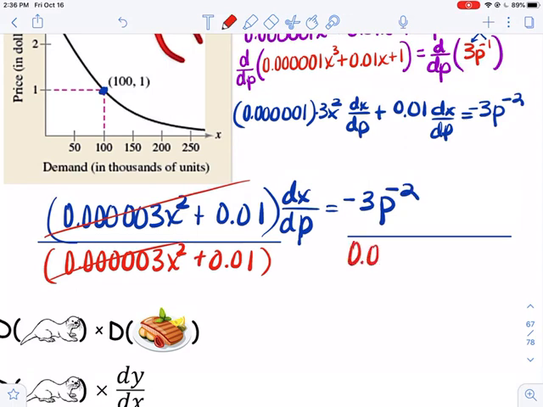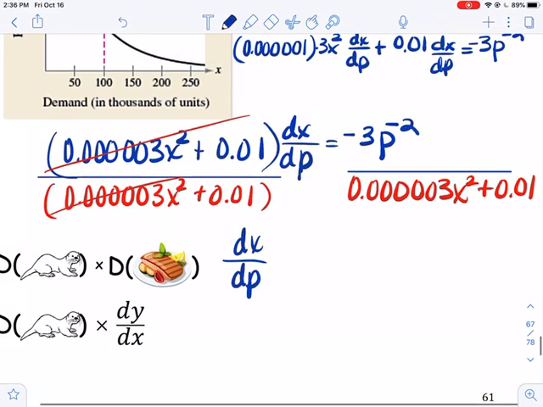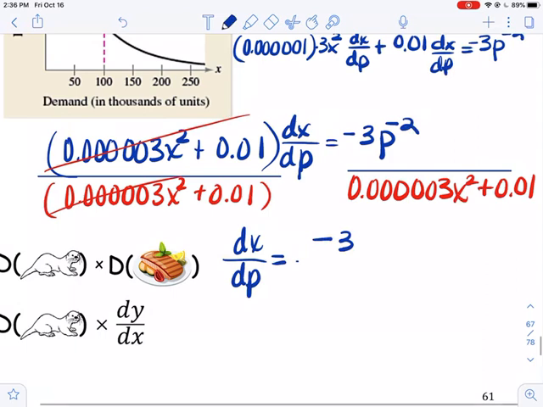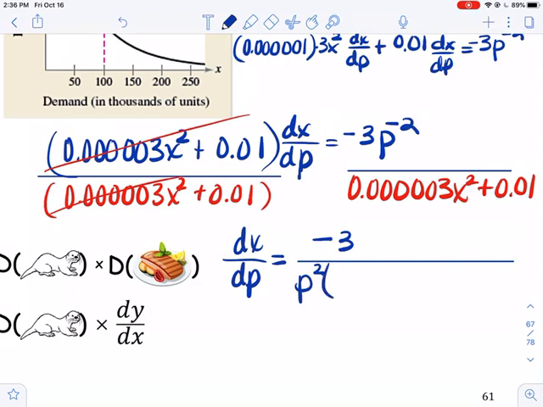Canceling those. And on this side, 0.00003x squared plus 0.01. And so we get our dx/dp is equal to negative 3 over, I'm going to put the p squared down here, p squared, and then it's going to be 0.00003.